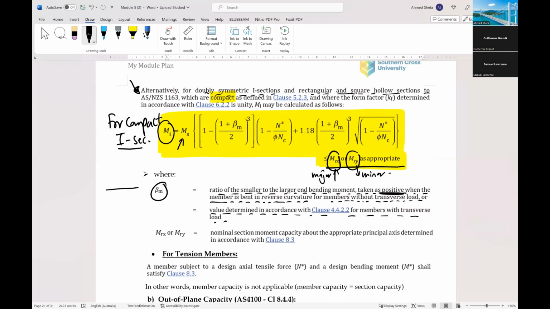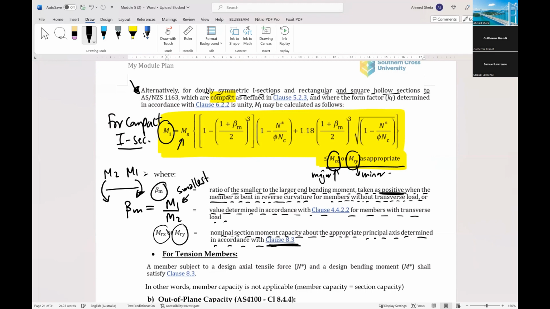So if we have M1 and M2, beta M equals M1 over M2, where M1 is the smallest. And what is MRX and MRY? MRX and MRY are the nominal section capacity about the appropriate principal axis determined in accordance with clause 8.3. We have just calculated this.